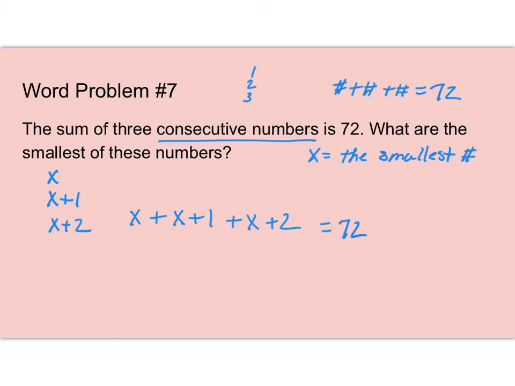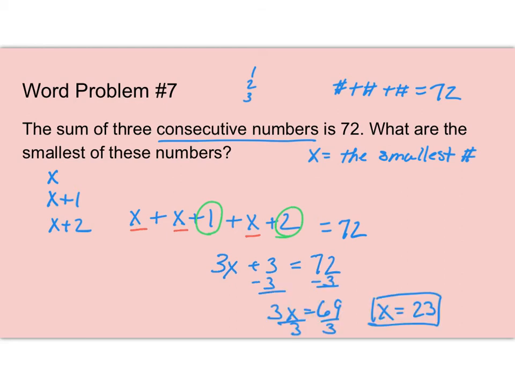So I'm going to combine, let's use a different color, my 3x's together so that I get 3x, and I'm going to combine my 1 and my 2 together to get 3. So 3x plus 3 will equal 72, and now I'll solve my two-step equation. So the smallest consecutive number would be 23.